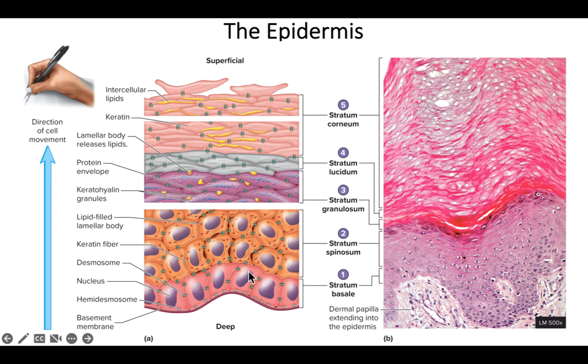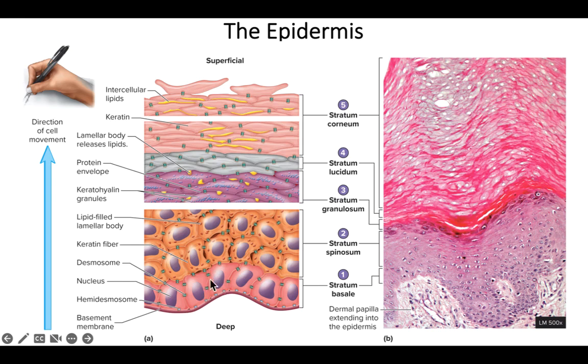So they're going to be undergoing mitosis very, very well. As they get pushed up through the strata, they get further and further from those blood vessels. So as the cells reach basically this stratum granulosum, they'll start to die. So this granulosum layer is what we refer to as the dying layer.